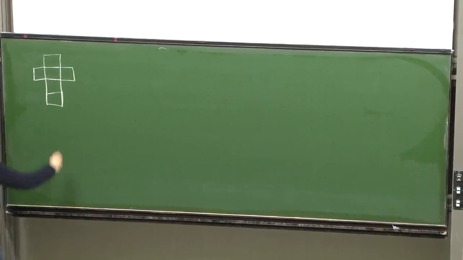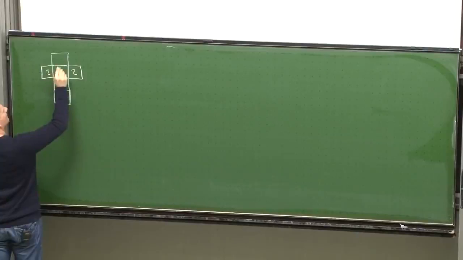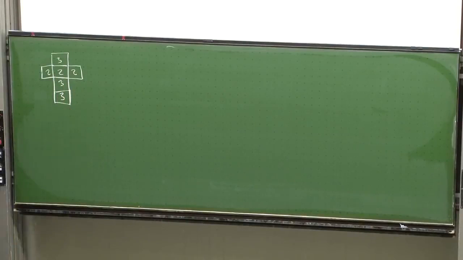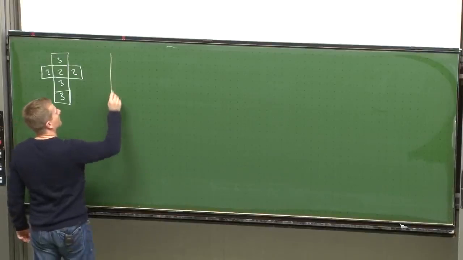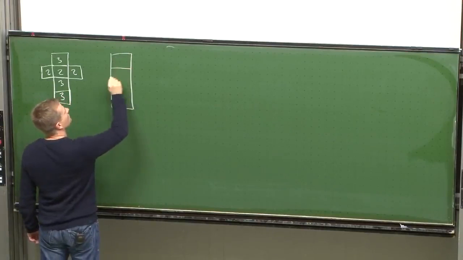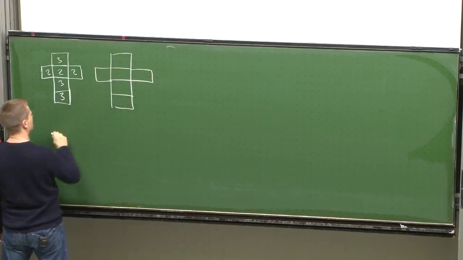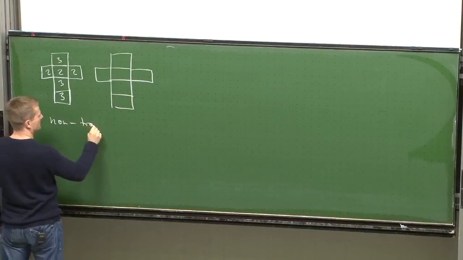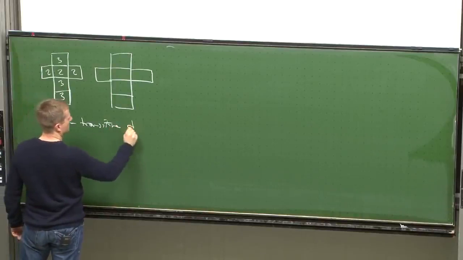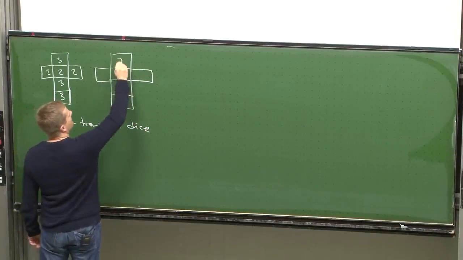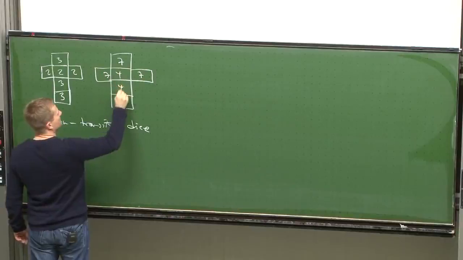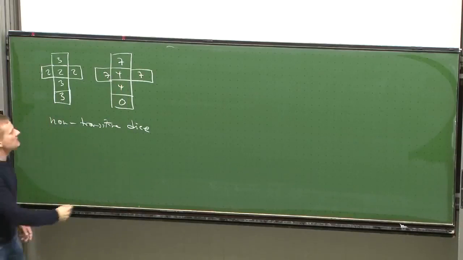You can make dice, and you can distribute numbers on there like this, and then you can make another one. Well, look it up on the internet. Why do I say non-commutative? Non-transitive dice. You have a different distribution. Don't take the distribution seriously, it's just for illustrational purposes. And you have a third one.